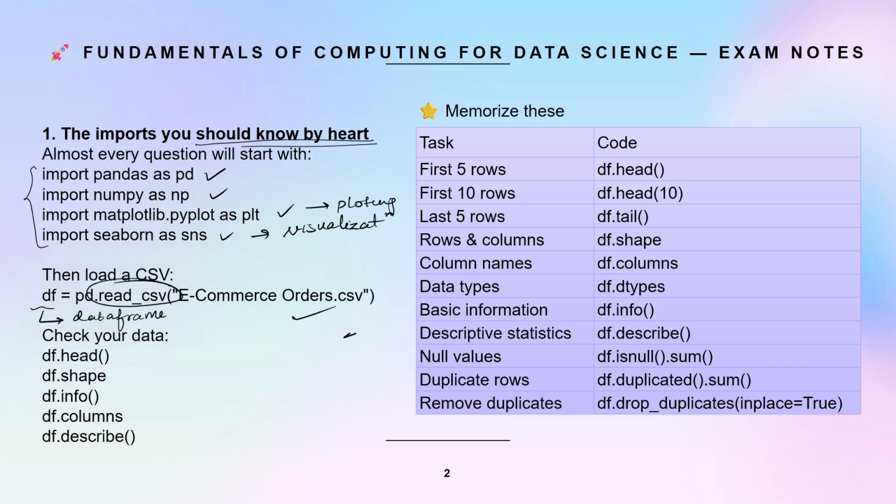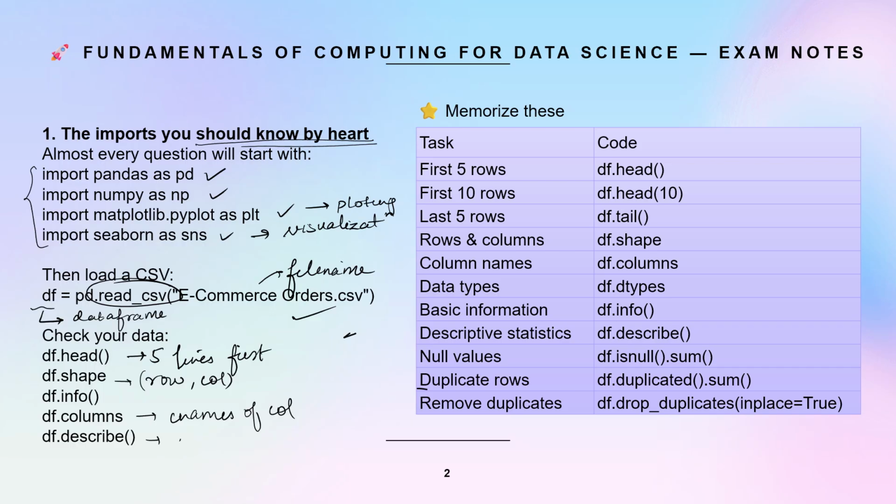pd.read_csv and the file name. Then check your data. Head gives the first 5 lines first. Shape gives rows, comma, columns. Info gives the columns and their names.